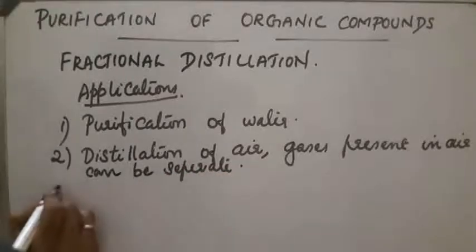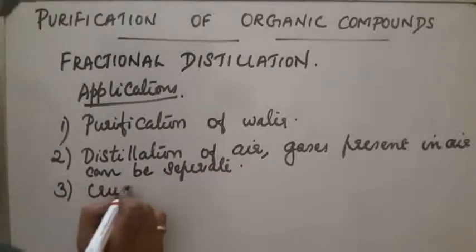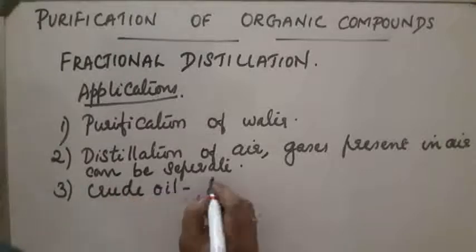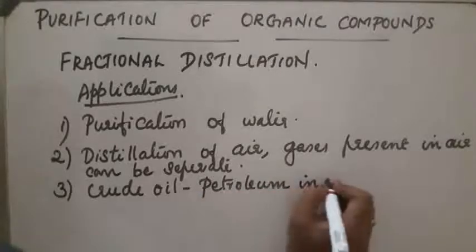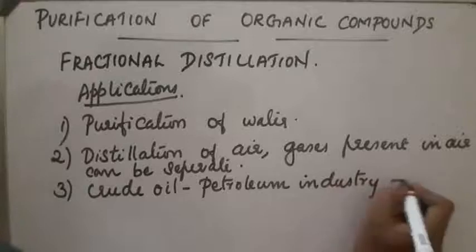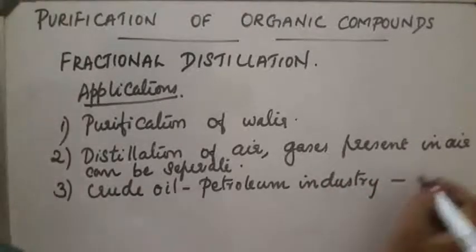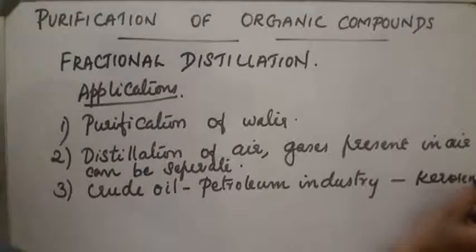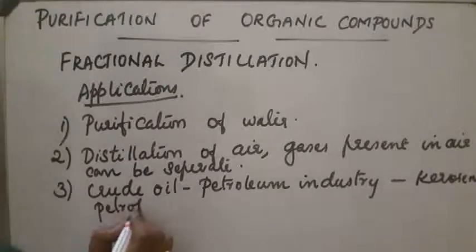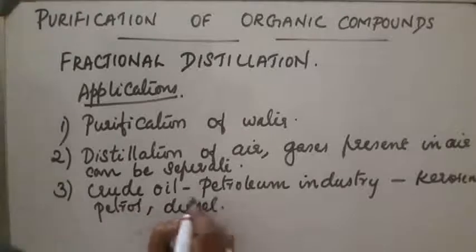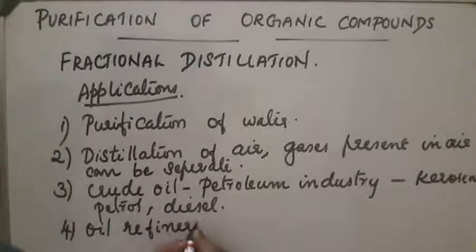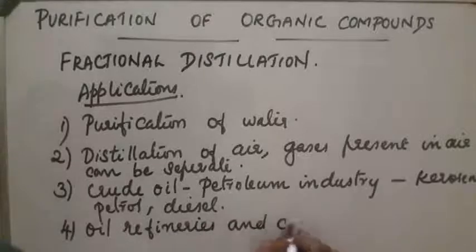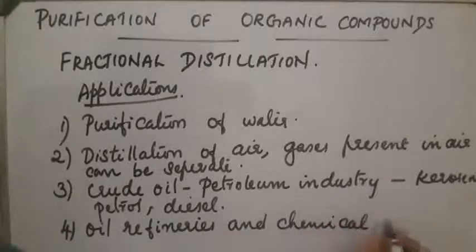Now, it is used for the distillation of crude oil in the petroleum industry, to separate different fractions. The crude oil can be separated into different fractions like kerosene, petrol, diesel, etc. Next application is, it is used in oil refineries and chemical plants to separate different organic compounds.